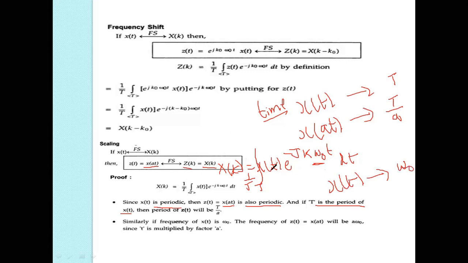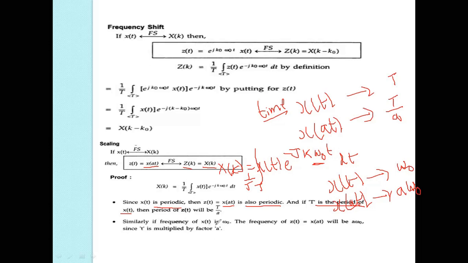What about when x(t) is scaled to x(at)? The time is decreased when t is multiplied by a, and now for x(at) the frequency becomes a into omega naught.